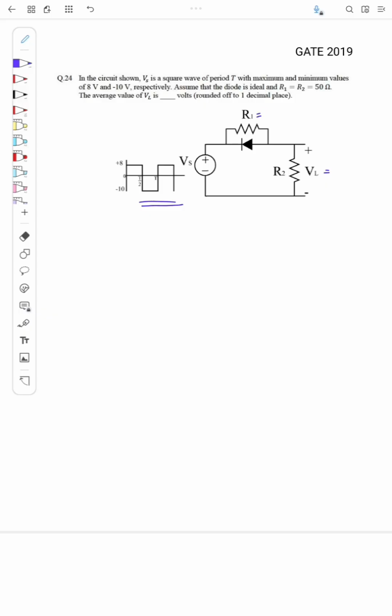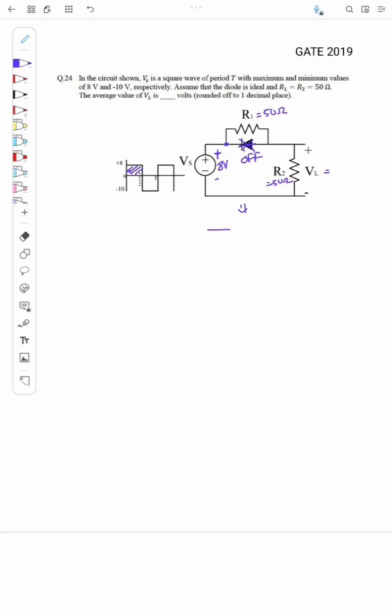So here R1 is 50 ohm and R2 is 50 ohm. We'll see what will be VL here. First, we'll see what happens during this phase, when the input is plus 8 volt. Since it is plus here, this diode will be off, and since it is ideal, it is like an open circuit.